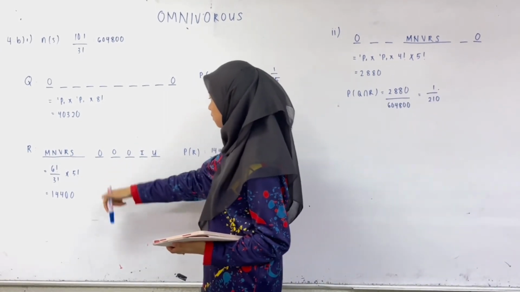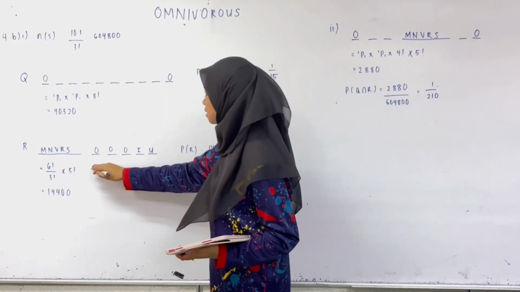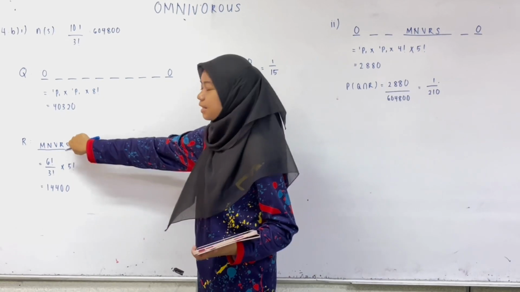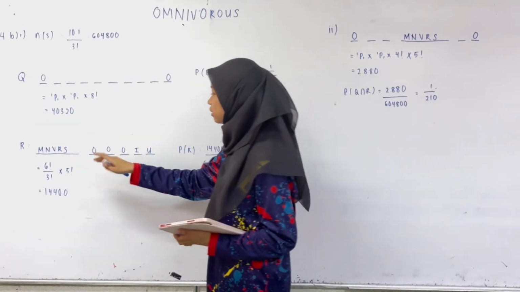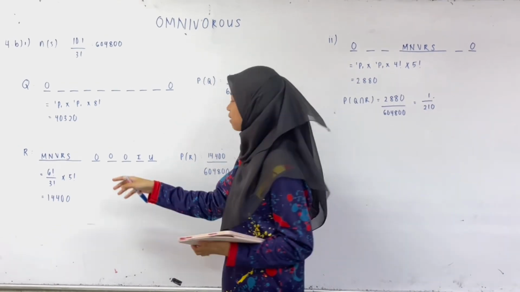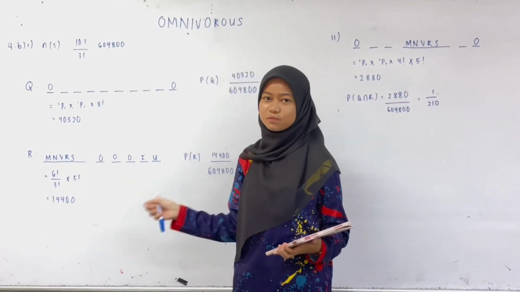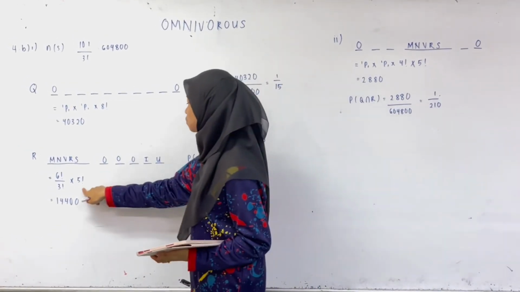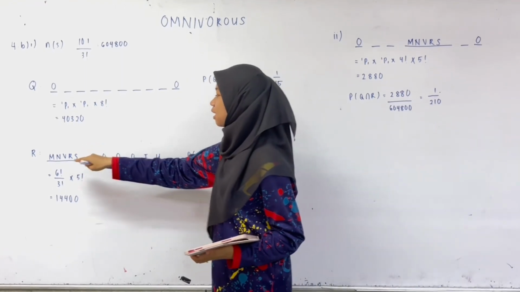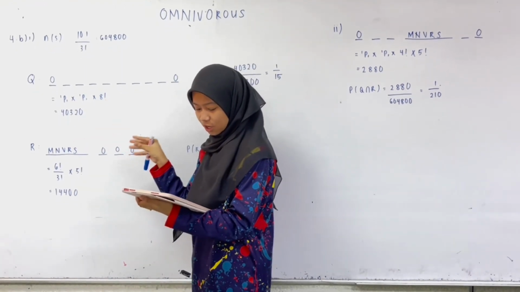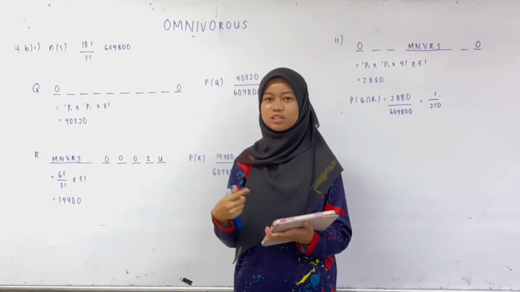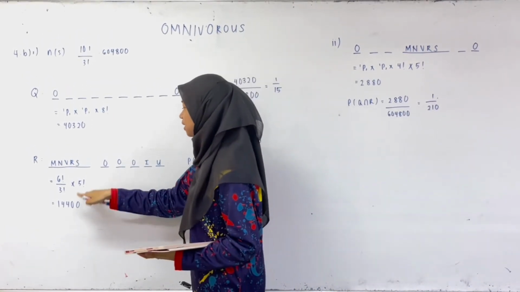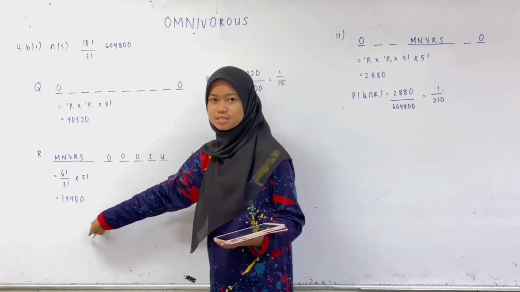So we have 5 letters plus one that is kept together, so it will be 6 factorial over 3 factorial, because we have the same identical letters, which is O, and times 5 factorial because the consonants can change places within each other.